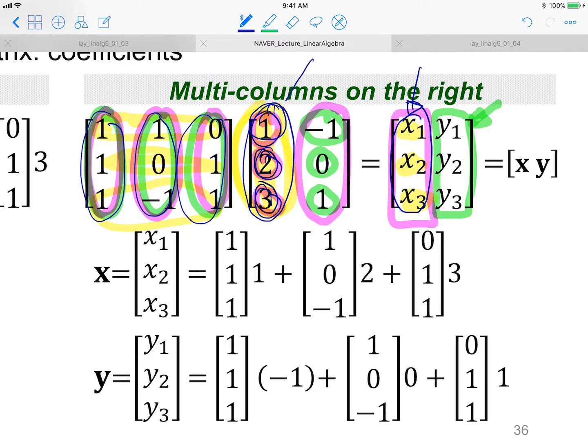These three are the first column of the right matrix. And then the second column of the resulting matrix will be formed as a linear combination of the same vectors, but using different linear combination coefficients. Okay?